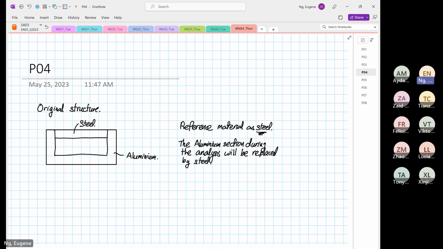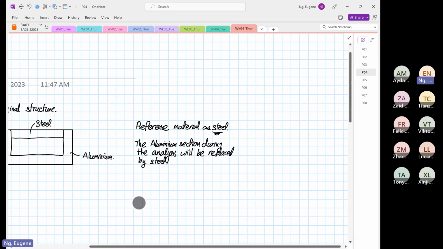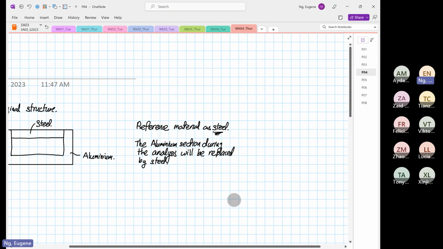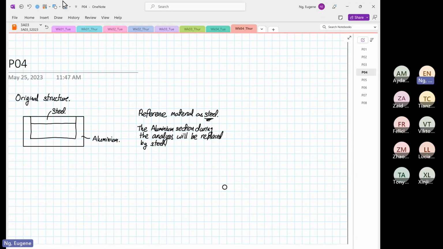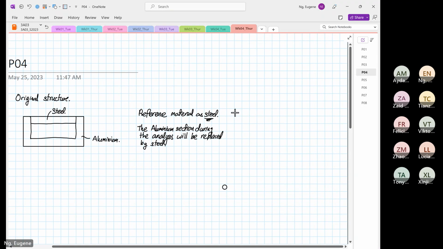Okay, the aluminum section will be replaced by steel. So what does this mean? The steel will still have the same geometry. The steel geometry will not change. It is still like this: 2, 4, 6. So this is the steel.